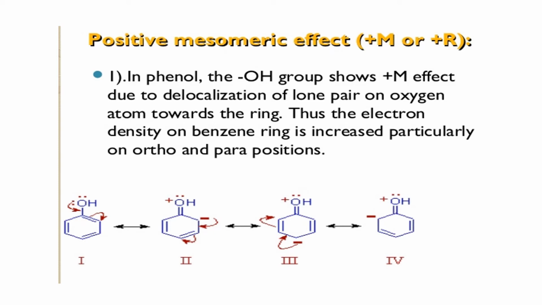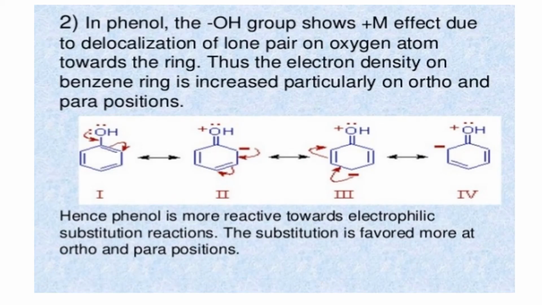Thus, the electron density on the benzene ring is increased, particularly on ortho and para positions. Hence, phenol is more reactive towards electrophilic substitution reactions. The substitution is favored more at ortho and para positions.